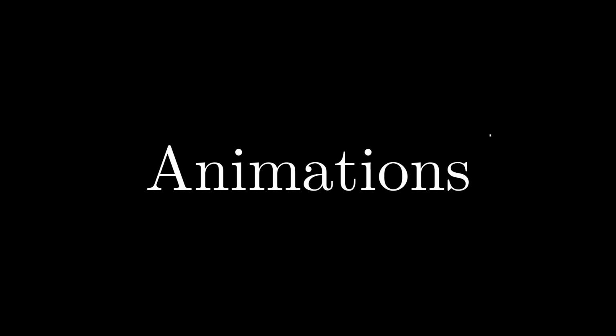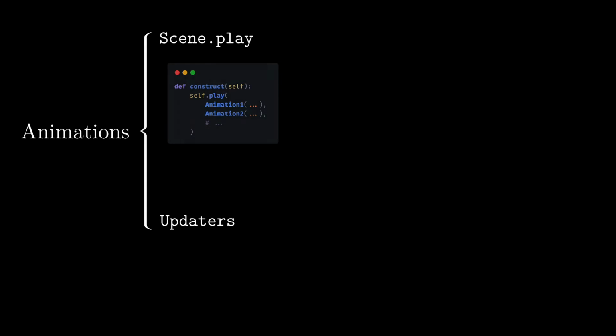Once we have understood the basics of MObject we can get into animations. There are 2 types of animations: play animations and updaters. As you can imagine, play animations always go within the scene.play method, and are divided into 2 categories: class animations and method animations.